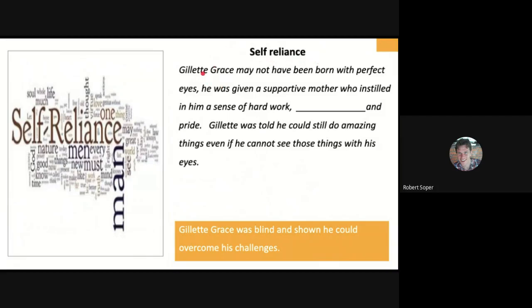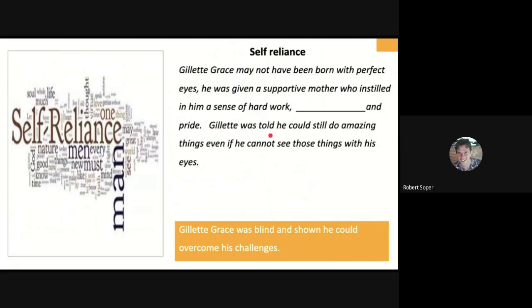All right, so let's see how this word would be used in this paragraph. So, Gillette Grace may not have been born with perfect eyes, but he was given a supportive mother who instilled in him a sense of hard work, self-reliance, and pride.